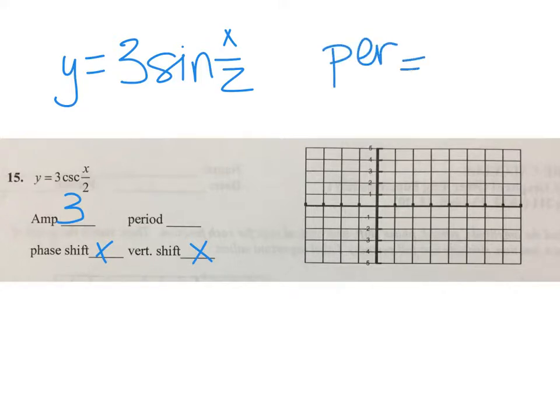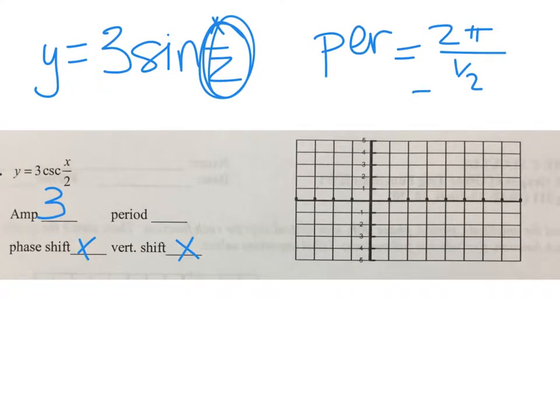So the period is equal to 2 pi divided by this number, in that case 1/2, because x over 2 is 1/2. So this has a period of 4 pi when you multiply by the reciprocal. So this is a stretched out graph, a little bit farther away than what it normally is.